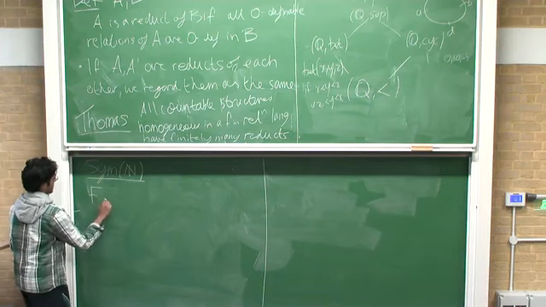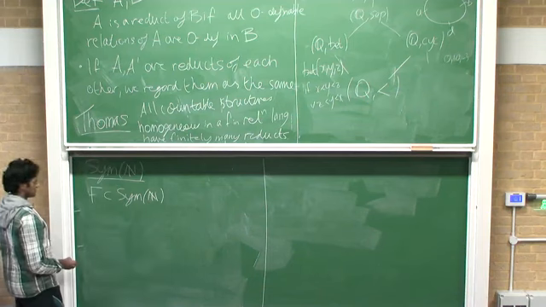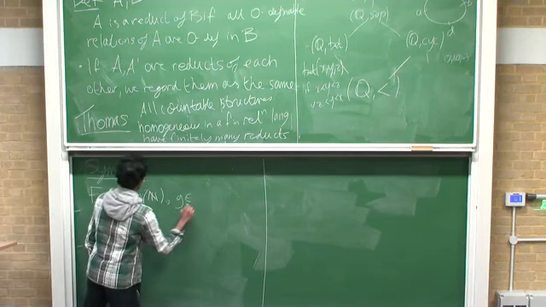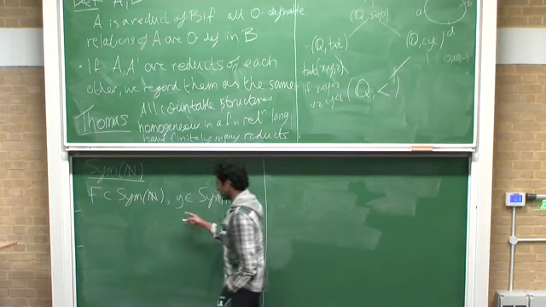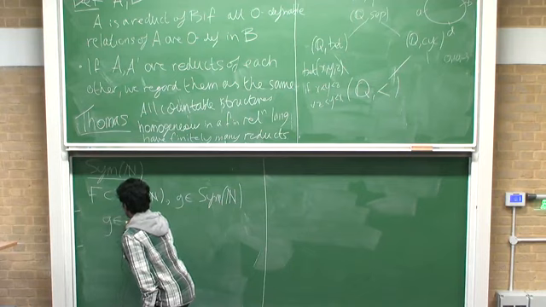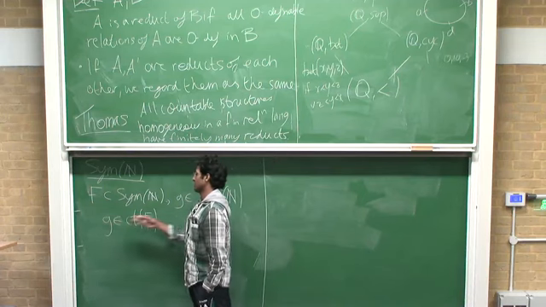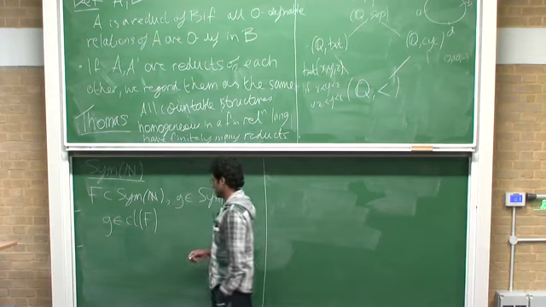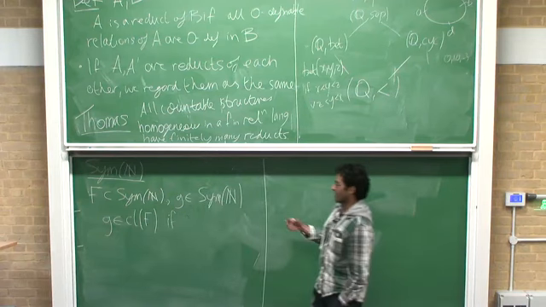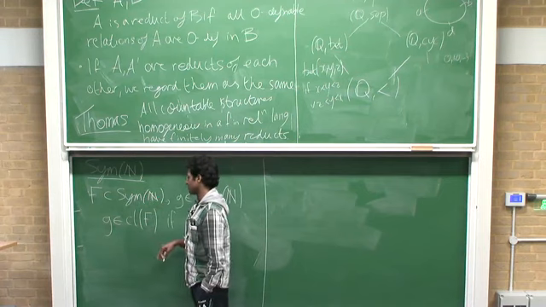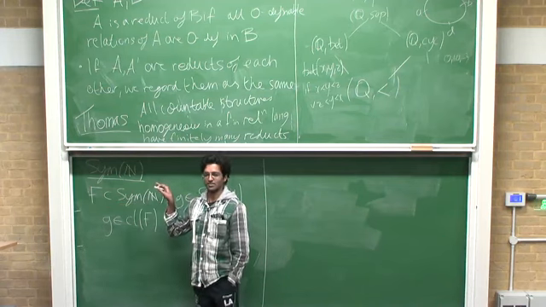So let's take F to be a subset of the group and g to be an element. What does it mean to say g is in the closure of F? Well, the intuition is just that g can be well approximated by functions in F. More precisely, the definition is that for any finite subset of the integers, we can find a function in F which does exactly the same thing that g does on that finite subset.